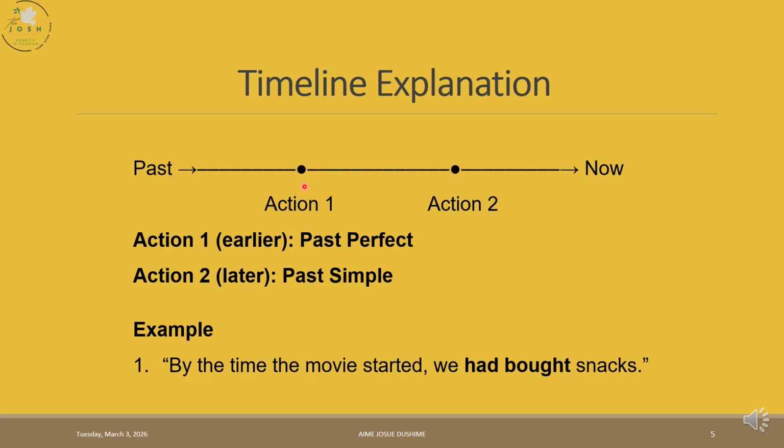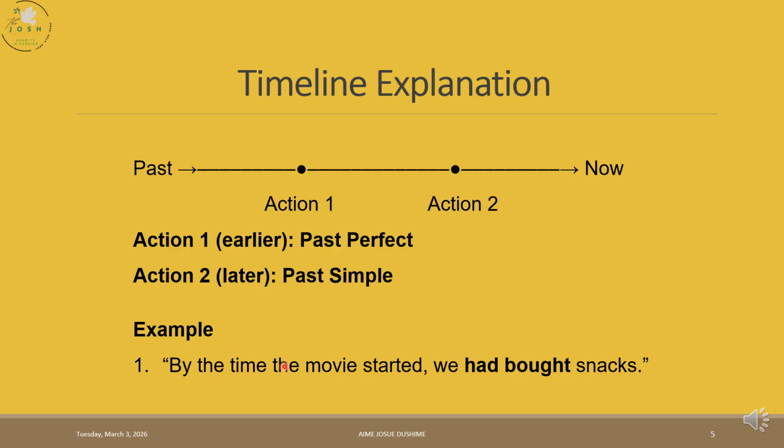For example, this action happens at 8:30 a.m. This action happens at 9 a.m. So this is the first action, then the second happens, then for example this is at 12 p.m. Think of it like that. The first action is called the earlier action. We use past perfect to talk about it. The second action, which we call the later action, uses past simple.